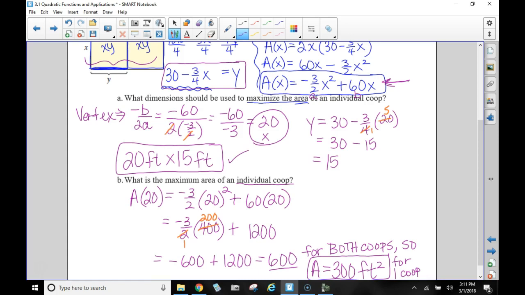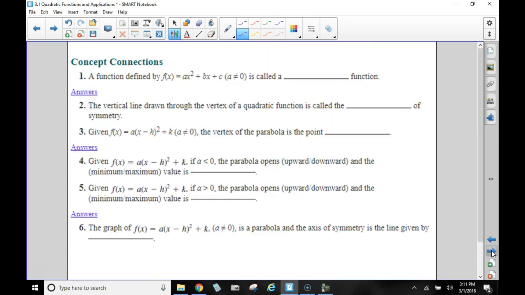All right, so now let's fill in the blanks. A function defined by f of x equals ax squared plus bx plus c, where a is not equal to 0, is called a quadratic function.